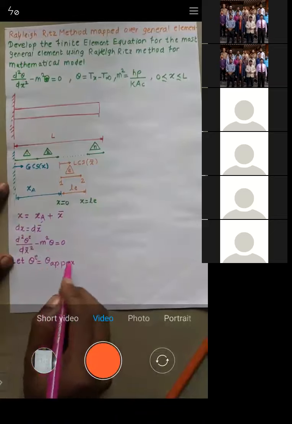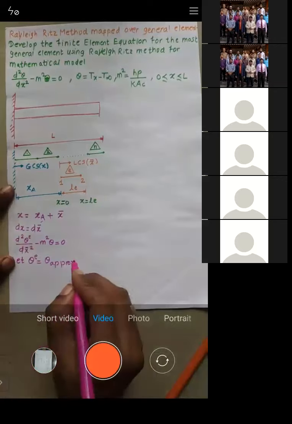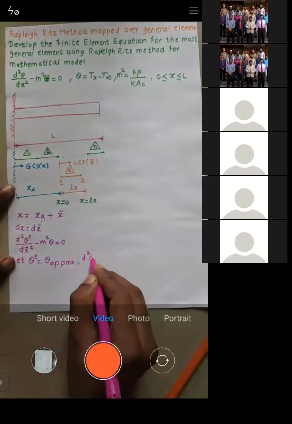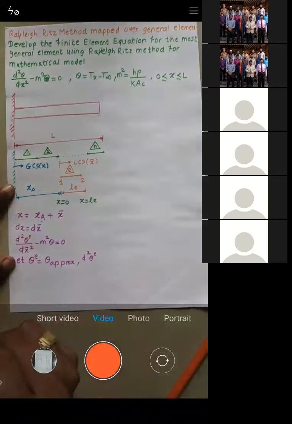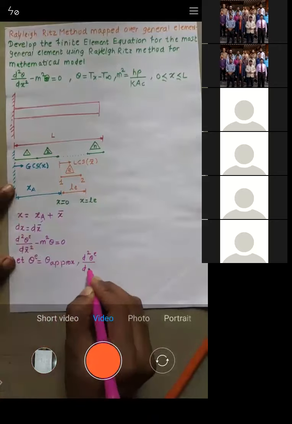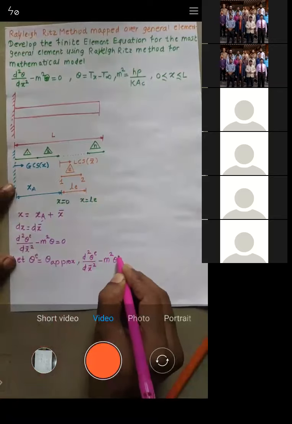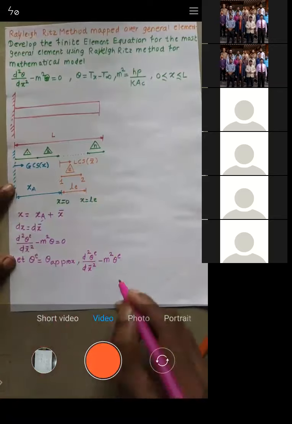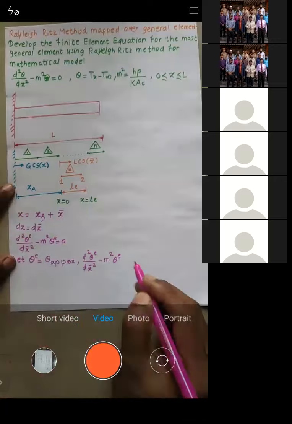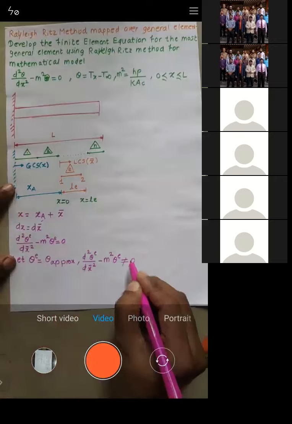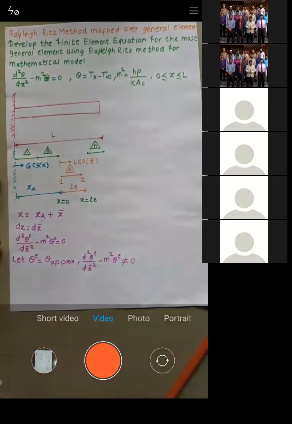As this is approximate, this d square theta e by dx bar square minus m square theta e will not be equal to 0, because your solution is approximate.